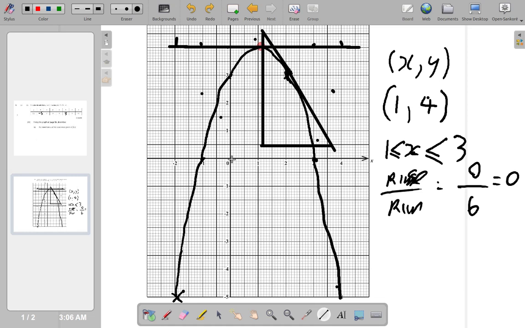If they had said what is the gradient when x was 0, you do the same thing. When x is 0, you project upwards to the curve, and this is where you're going to draw your straight line. Your ruler should be lined up so that you draw a straight line through that point, it doesn't cut through the curve. Then you do your rise over run at this point, alright, and so on. But in any case, the gradient they ask us for is 0.